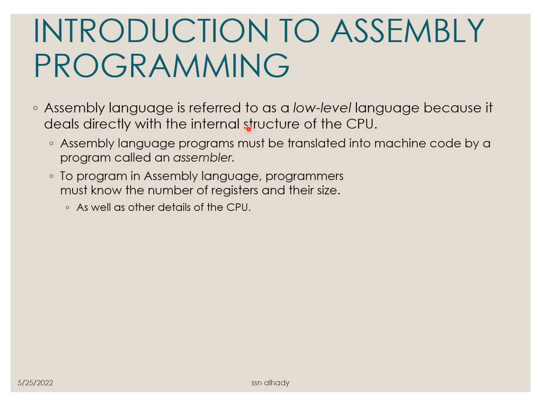Assembly language is referred to as a low-level language, same as machine language, which deals directly with the internal structure of the CPU. That is the difference between engineering and computer science. Computer scientists prefer to use high-level languages.